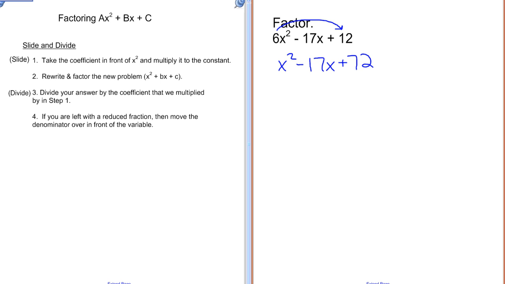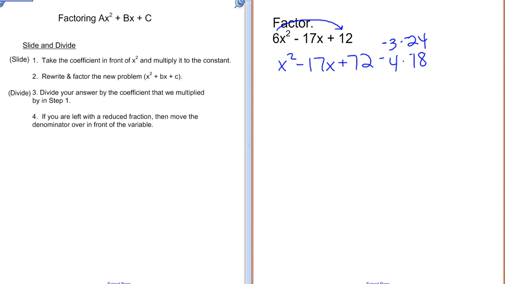I don't think 1 and 72 are going to work. 2 and 36 probably aren't going to work. Let's see. Let's go 3 and 24. And I need a negative 17, so I would want negative 3 and negative 24. That equals negative 27. So that's not it. And then we can go 4 and 18.